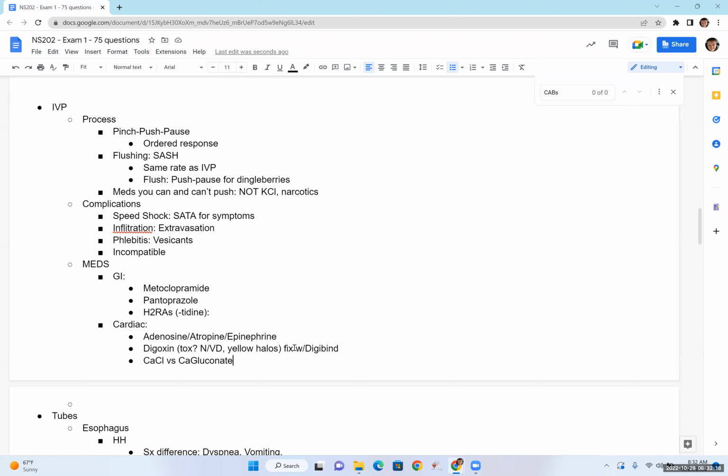And other meds you can push fast, and that can cause what? Speed shock, right? That's just an allergic response to the medication. The immune system is like, whoa, what is all this medication? You have to bring it in slow. So, select all that apply, what are the symptoms of speed shock?